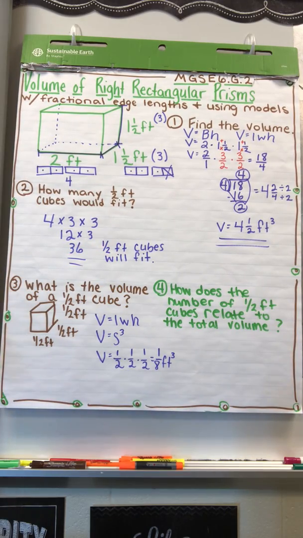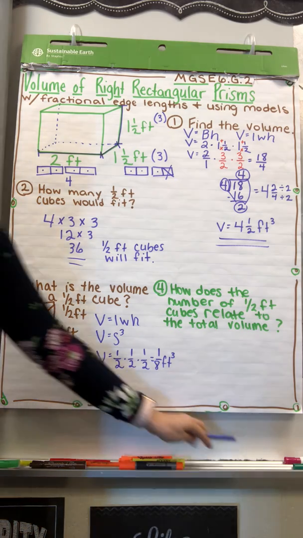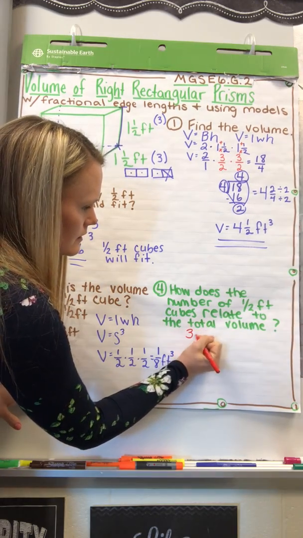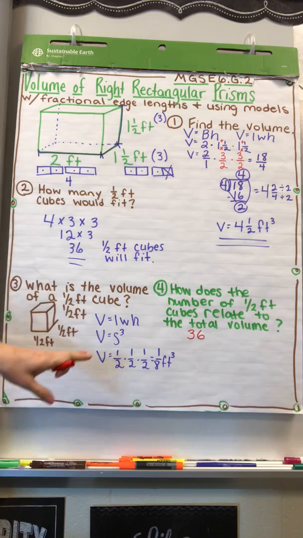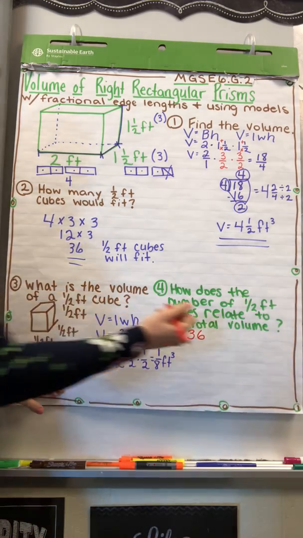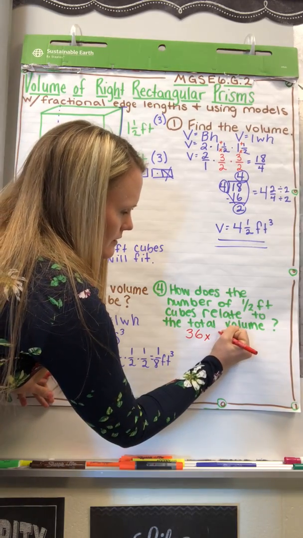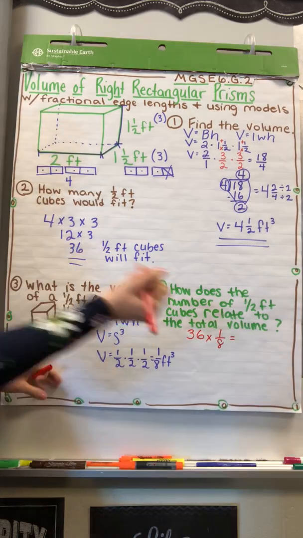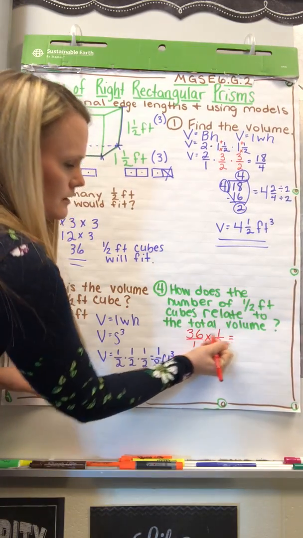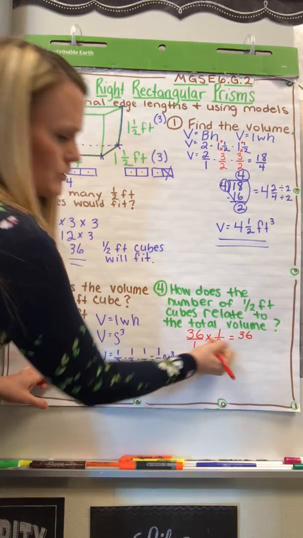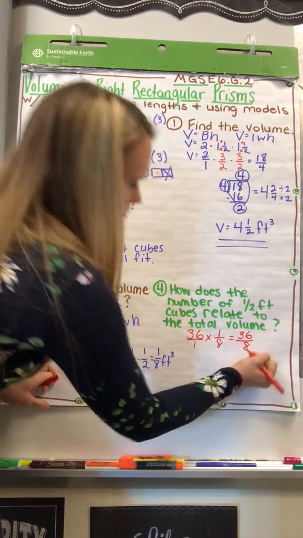So number 4 says, how does the number of half-foot cubes relate to the total volume? We have 36 of those half-foot cubes, each of whose volume is 1/8 of a cubic foot. So if we multiply those 36 cubes by the volume of each cube, and we can put this whole number over 1, 36 times 1 is 36. 1 times 8 is 8.